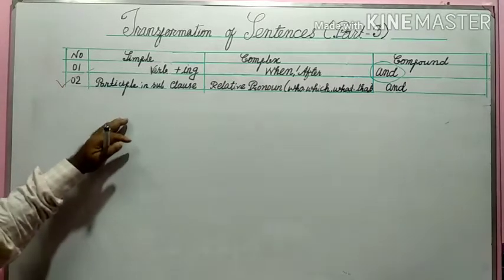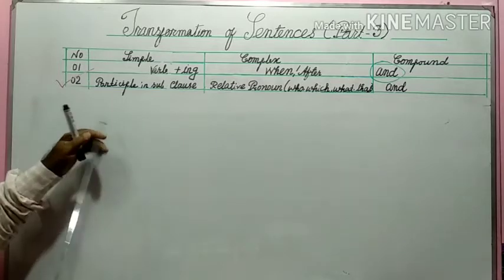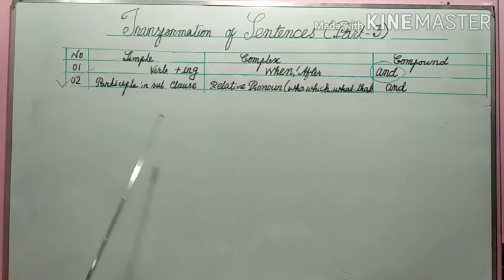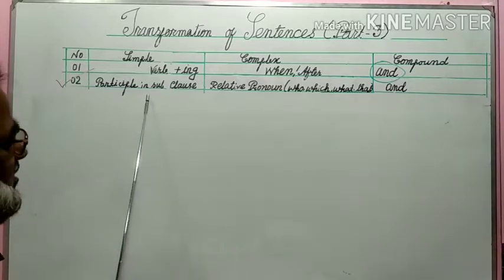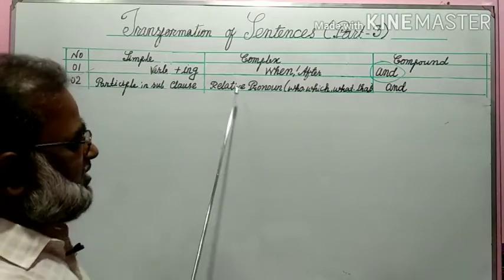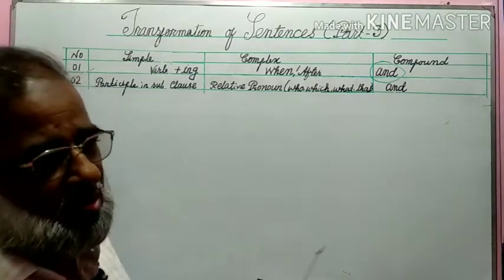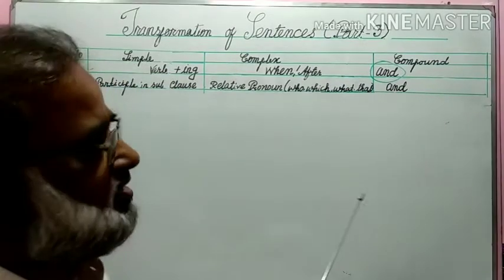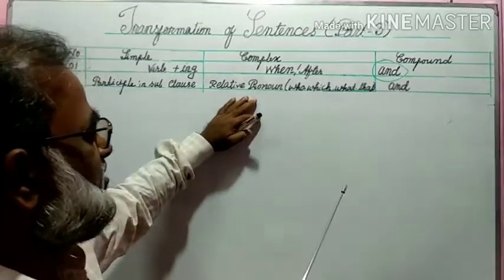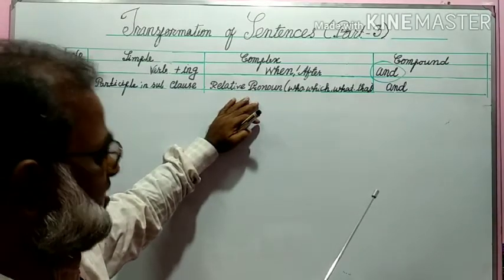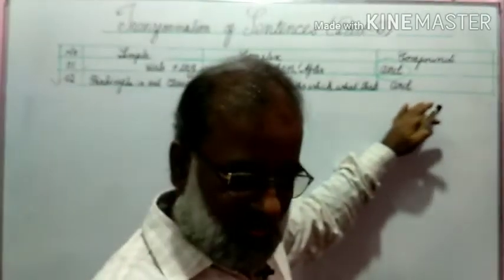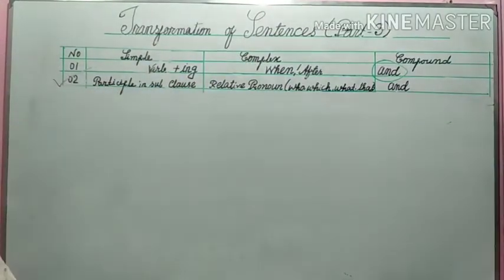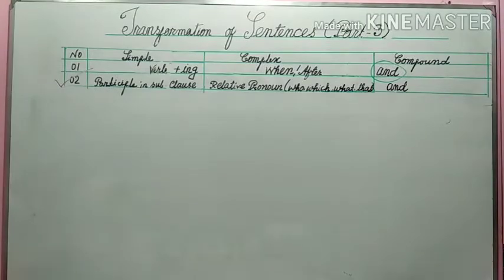If there is participle in subordinate clause, that is present participle most often, there will be relative pronoun. You know, relative pronoun means who, which, what, that. There will be relative pronoun in complex sentence, and there will be and in compound sentence. So simple sentence structure you see.